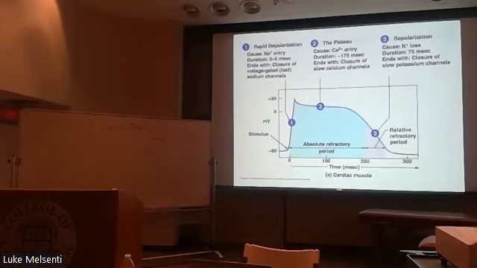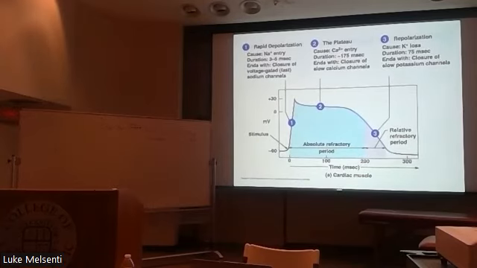Can't contract right away? Well, it can, because it's contracting here, then this is the absolute refractory period. But why is this line flat or relatively flat? I'm asking this because physiology-wise, I want you to know this, because this might be on the test.